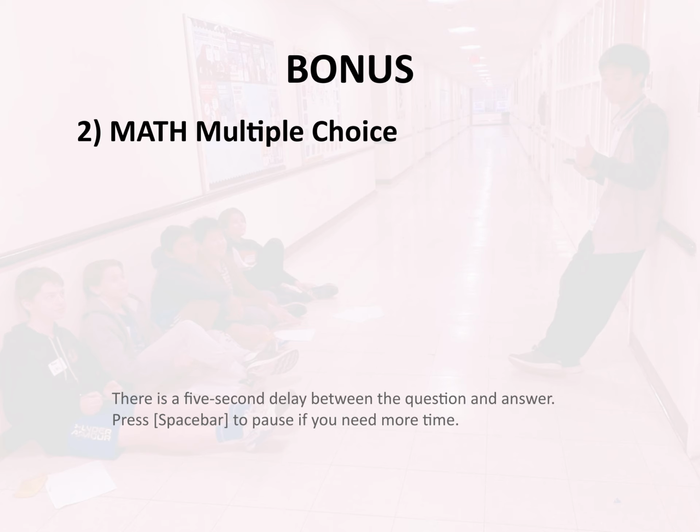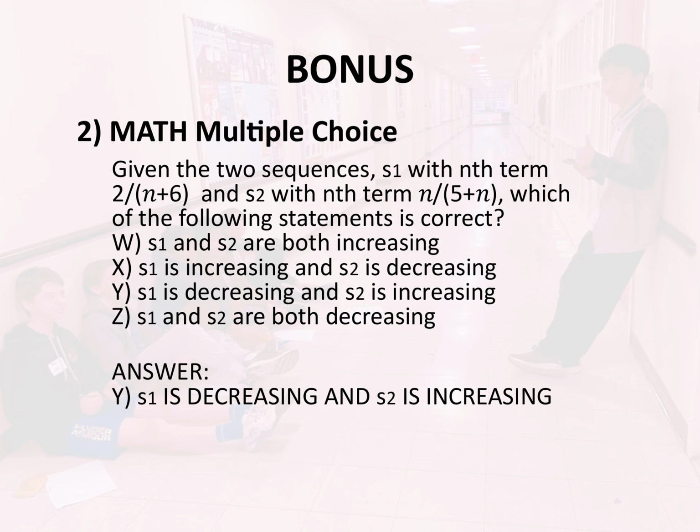X. S1 is increasing and S2 is decreasing. Y. S1 is decreasing and S2 is increasing. Z. S1 and S2 are both decreasing. Answer. Y. S1 is decreasing and S2 is increasing.